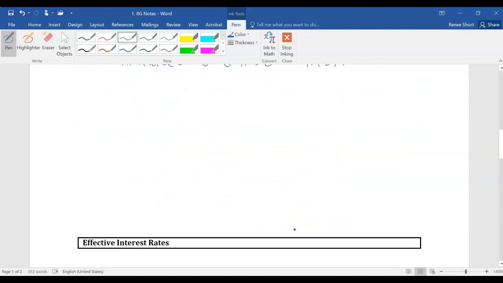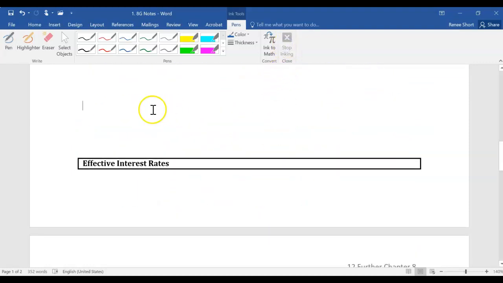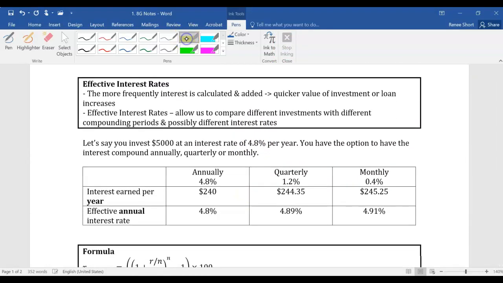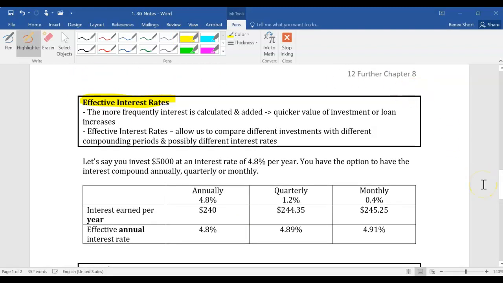That's the easy part. Where things get spicy is now talking about effective interest rates. I want you to think of the effective interest rate as almost being like the average interest rate for the year, because if things compound more frequently, then we get that interest-on-interest benefit occurring more often, and so we get extra interest earned throughout that year period, okay?